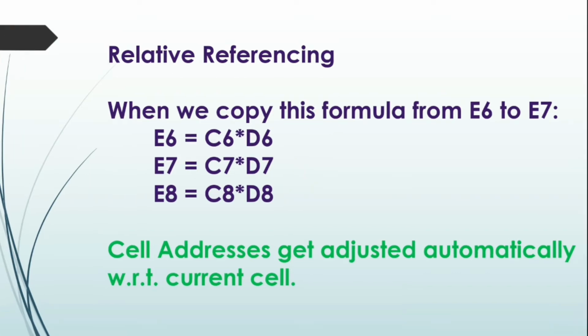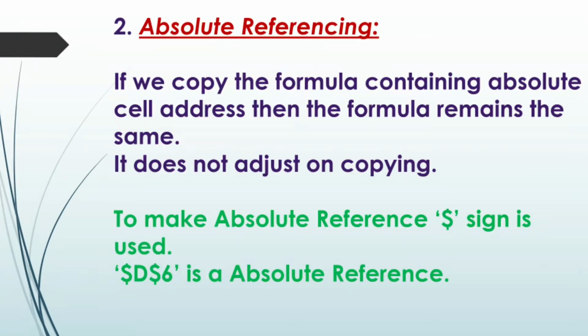We can define relative referencing in another way: during copying of the formula, the relative cell addresses automatically get adjusted with respect to the current cell. So, in relative referencing, when we are copying the formula from one cell to another cell, the formula automatically gets adjusted. Second type of referencing is absolute referencing.